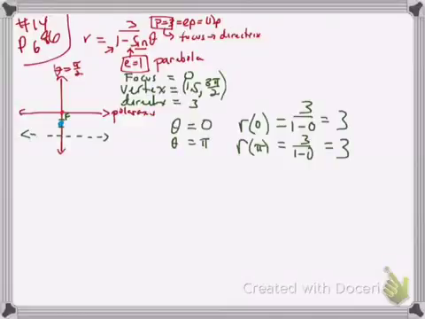You're like, oh, they're both equal to 3, but remember, the first one, 1, 2, 3, has an angle of 0, and it's that 3. The next one has an angle of pi, and it's this 3. So don't forget about the polar coordinate system and how that works.